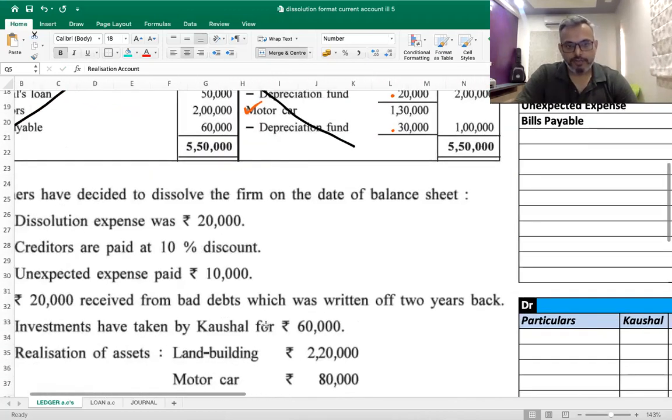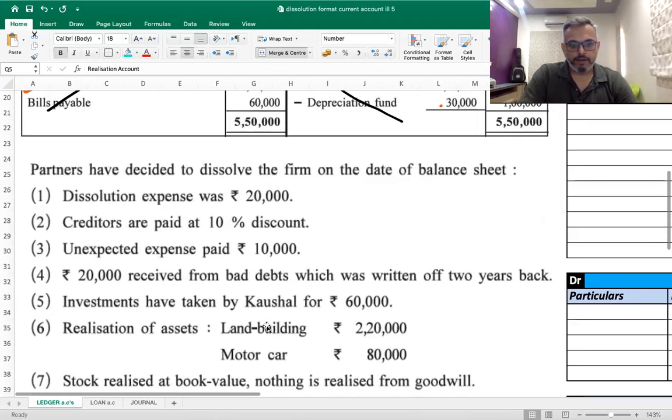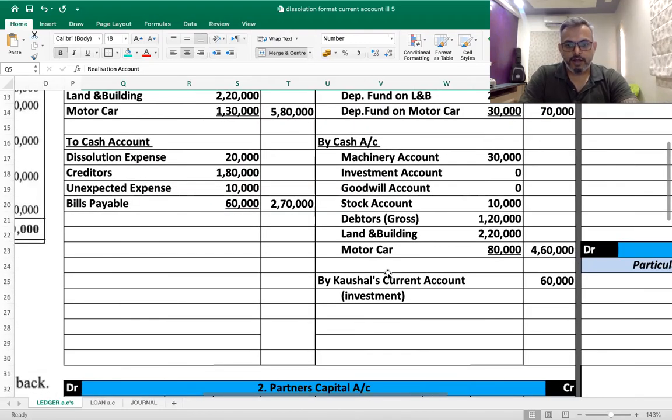Now, let's go to the adjustments and see what is left. 20,000 received from bad debts, which was written off 2 years back. So again, we are receiving this money, unexpected, exceptional. 20,000 आ गया, पैसा मिल गया. So the entry will be cash account debit to realization account credit.